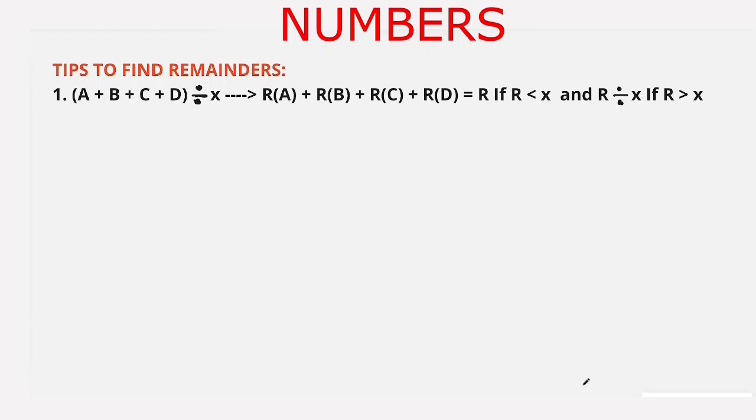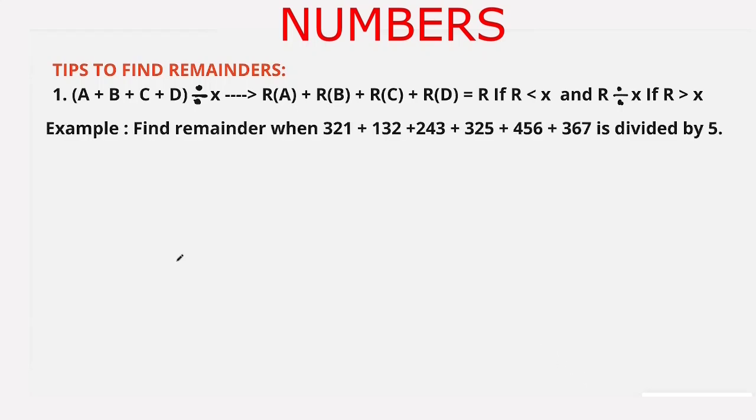We will understand this by one example. The given example is find remainder when 321 plus 132 plus 243 plus 325 plus 456 plus 367 is divided by 5.